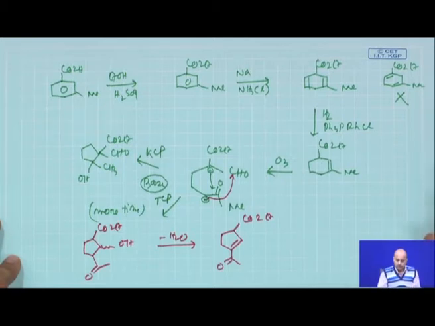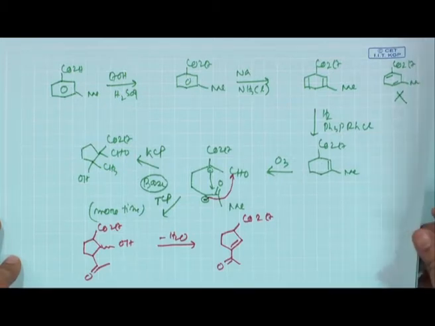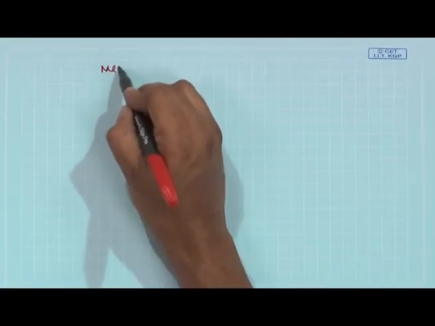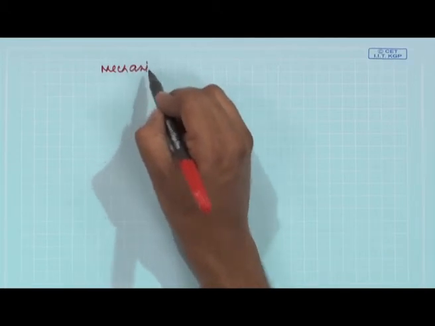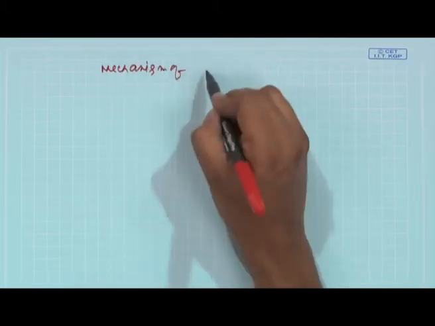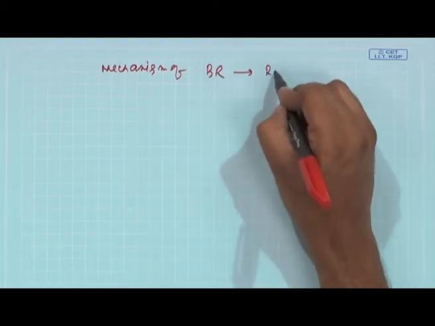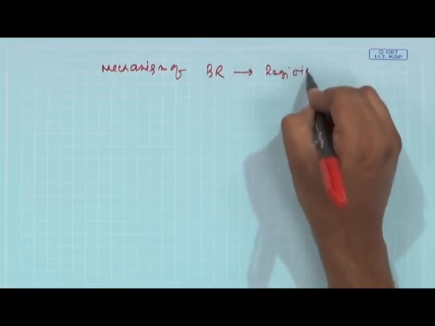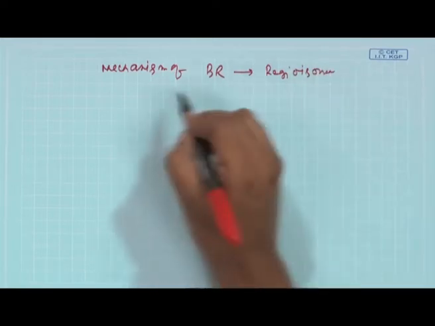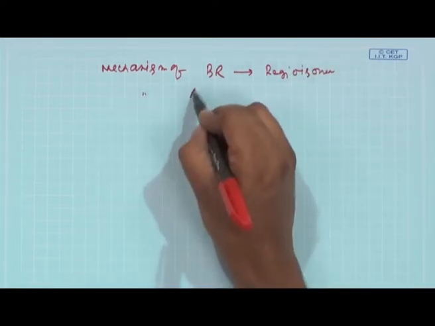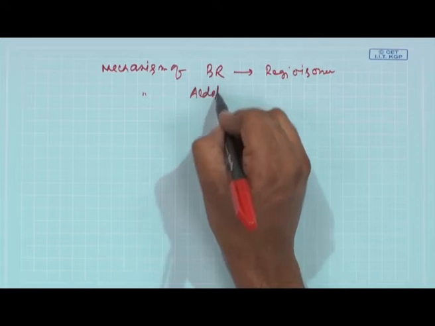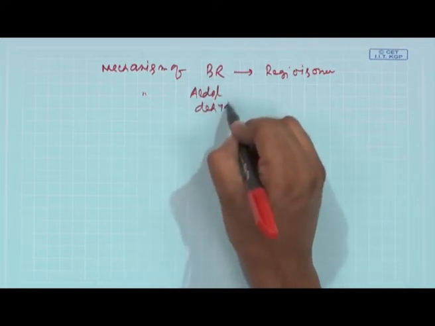Now, what are eventually the take home messages? The take home message is basically that if you have a clear cut idea about the mechanism of Birch reduction, then you can predict which regioisomer is forming, and then the mechanism of aldol reaction, the mechanism of aldol dehydration.